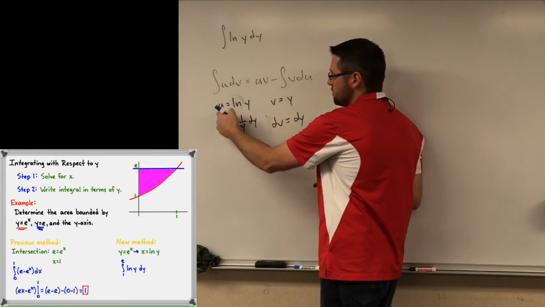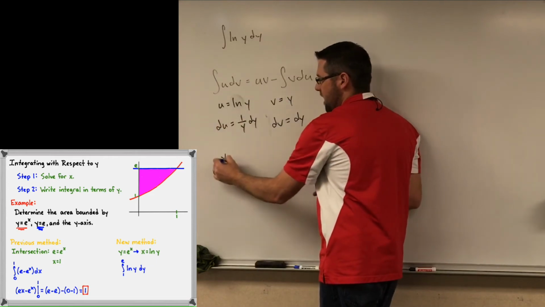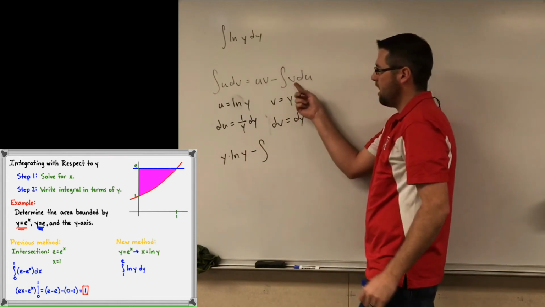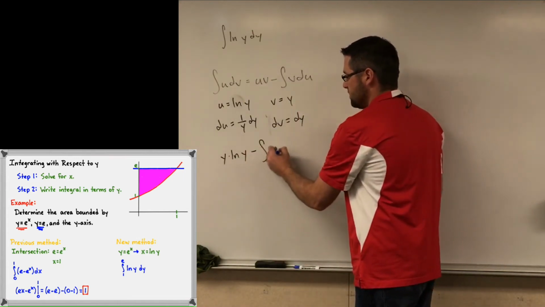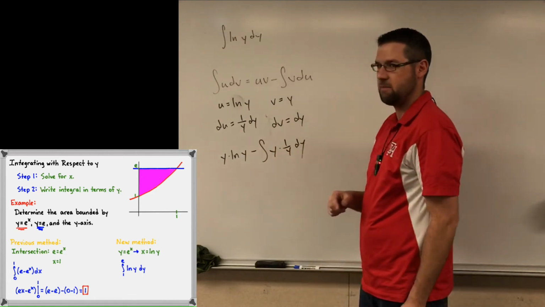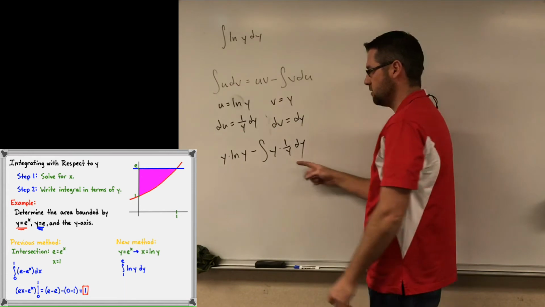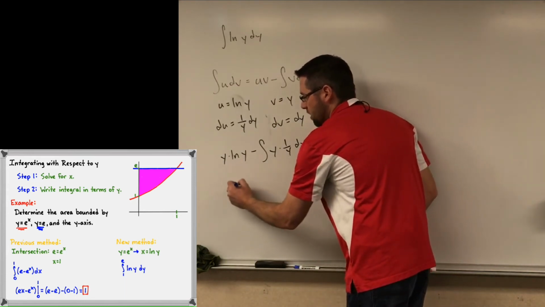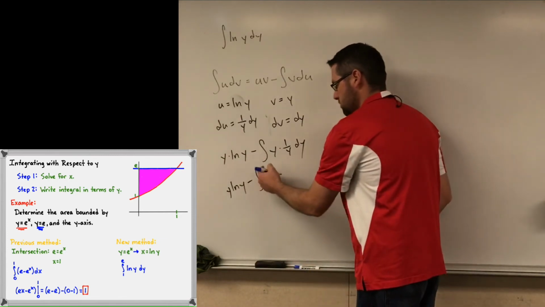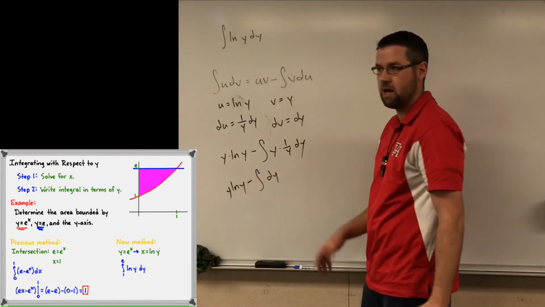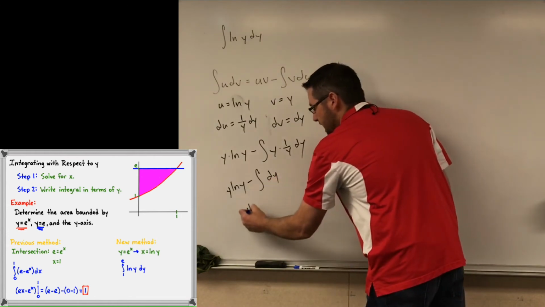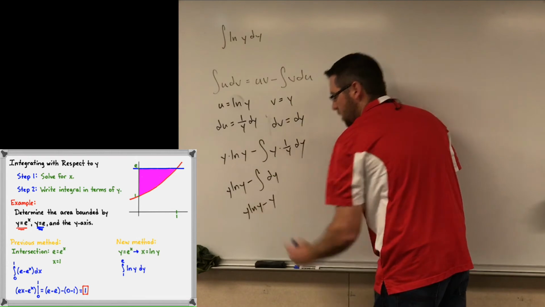What's uv? uv is u times v, so it's y times natural log of y minus the integral of what's v? y times what's du? 1 over y dy. Watch what happens. They cancel. So here we've got y natural log of y minus the integral of 1 dy, right? Now I can evaluate that. So we got y natural log of y minus y.